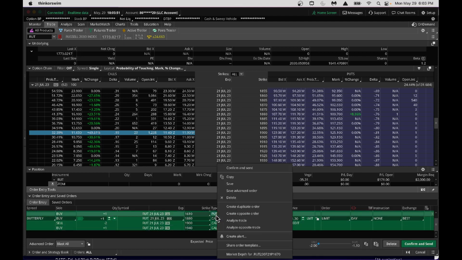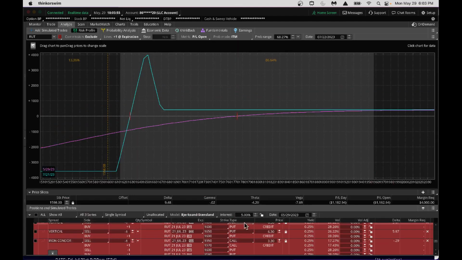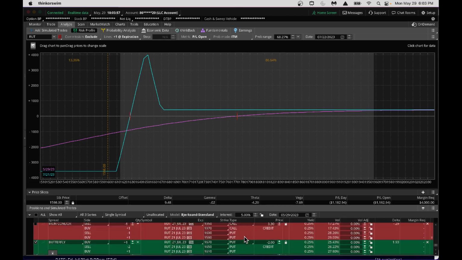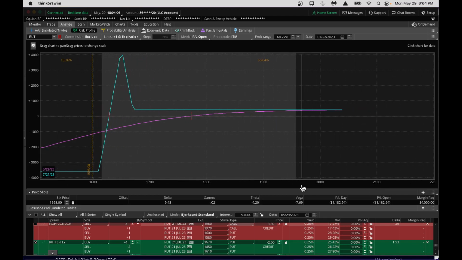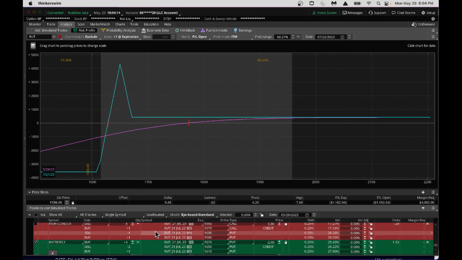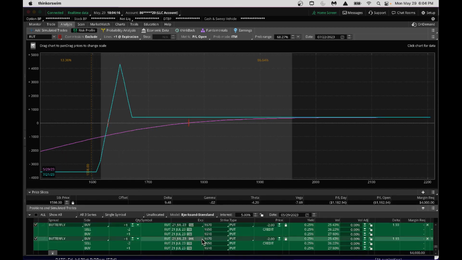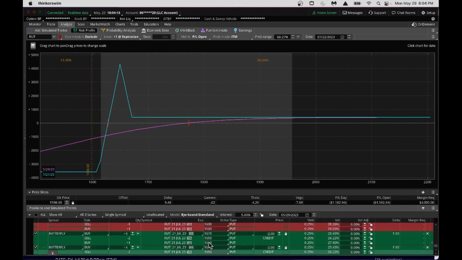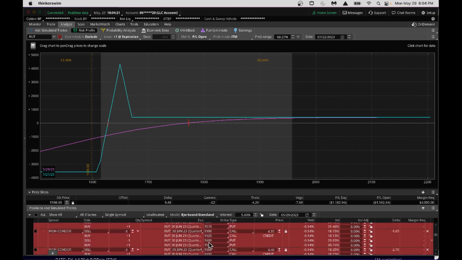Let's go to the analyze tab here, analyze trade. Look, we got both the butterflies here. And what we'll do is we'll make it close by here. 1650, 1670, and we got the other one, so that's good.